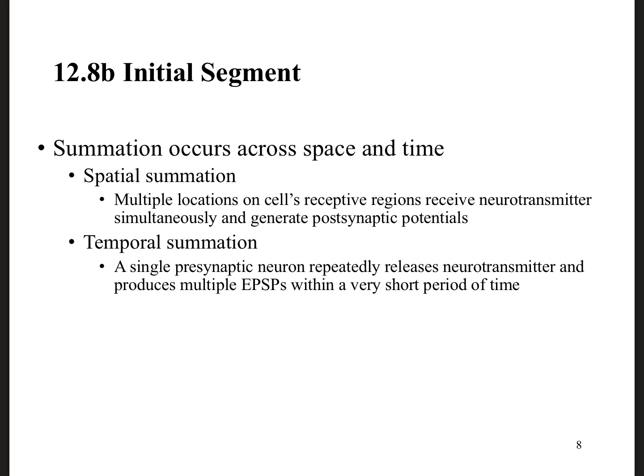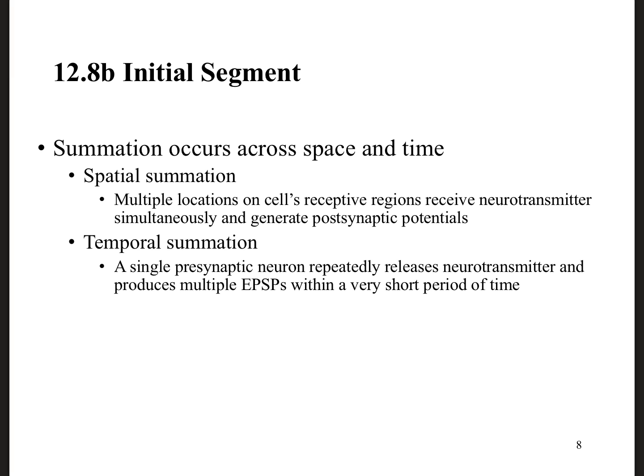Either spatially across the entire receptive segment, taking all of those signals in at once and determining yes or no: do we reach threshold or not? Or temporally. Temporally refers to time. How often are the signals released? What happens if we have one neuron that is releasing those signals left and right more often?